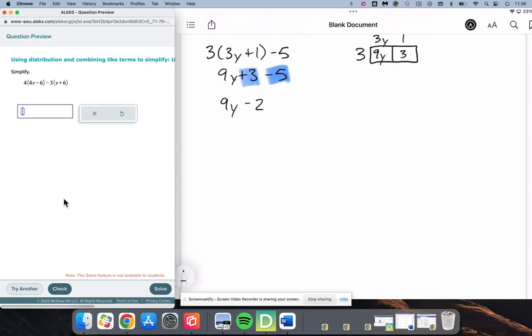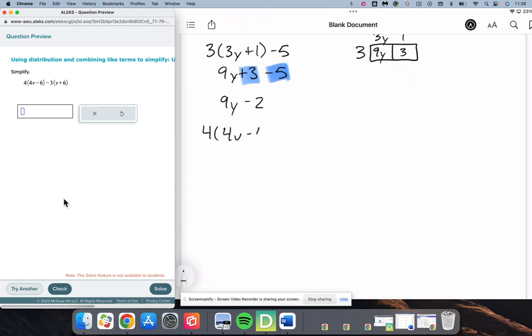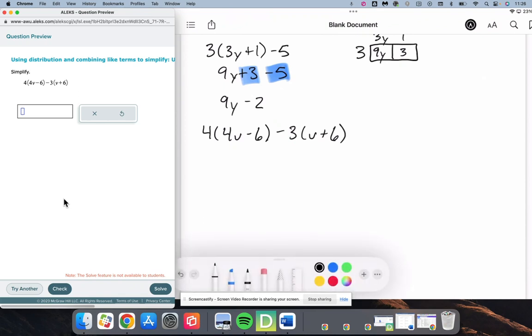Okay, we got something a little bit different coming at us here. We have a 4 times 4v minus 6 minus 3 times v plus 6. And so I'm going to think about this as 2 problems for now.